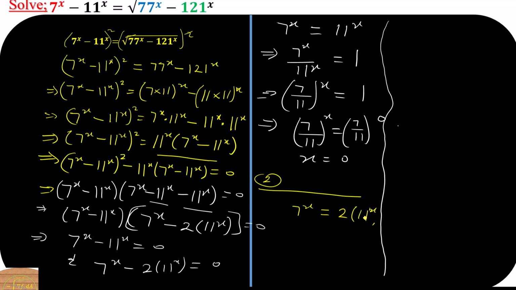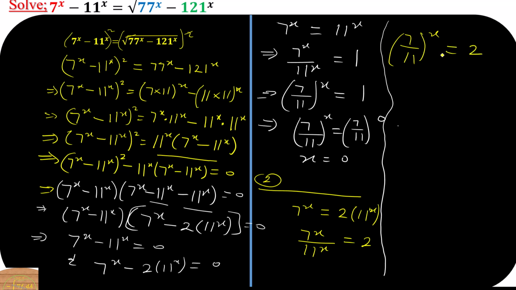Let me divide both sides by 11 exponent x, taking the power out, so we have 7 on 11 all to the power x equal to 2.